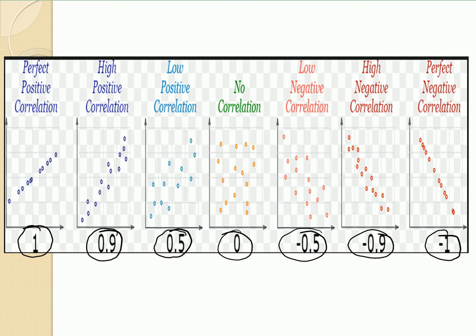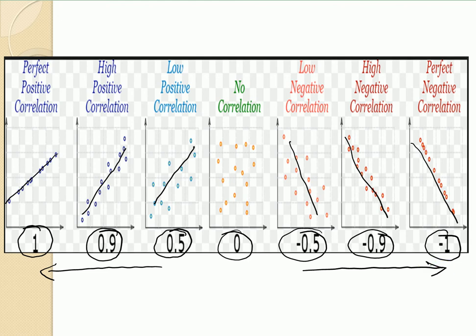The idea that you should walk away with is that as the values become more clustered, the correlation coefficient gets closer to 1 or -1, depending on whether the relationship is positive or negative.